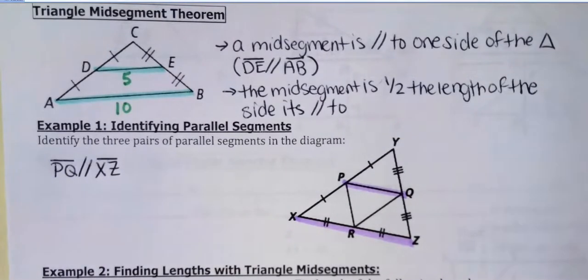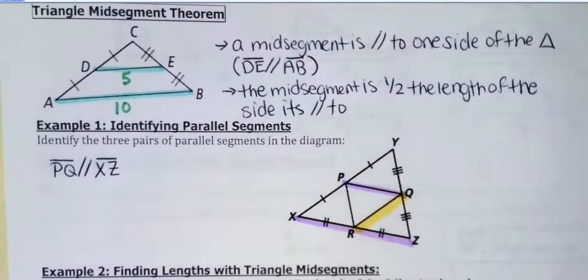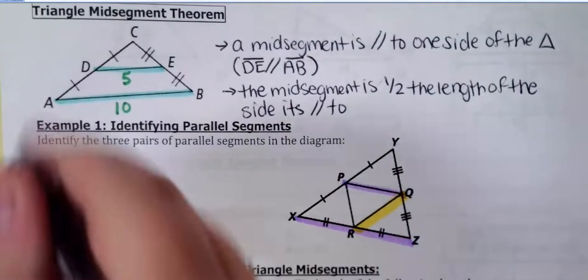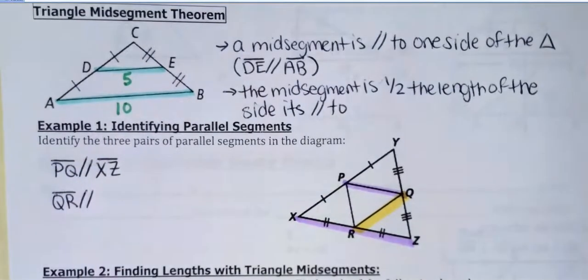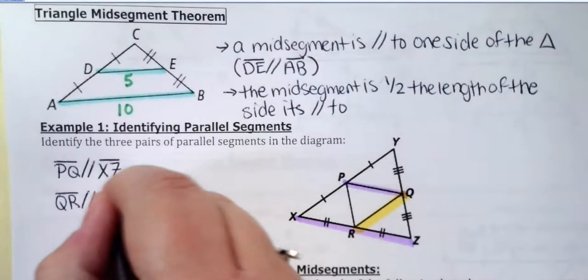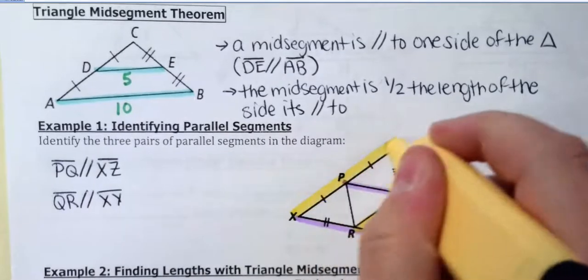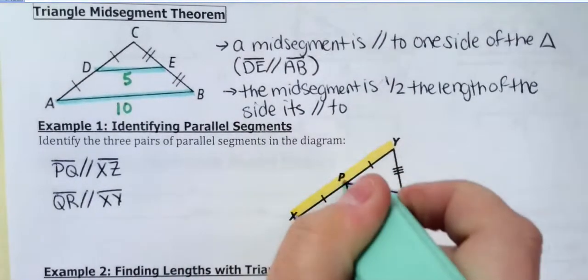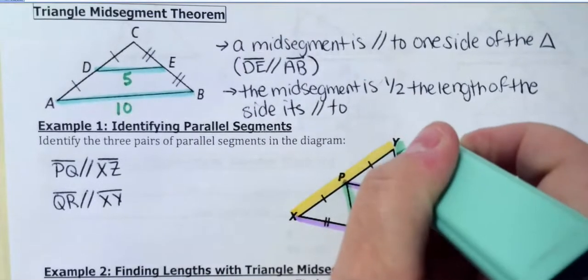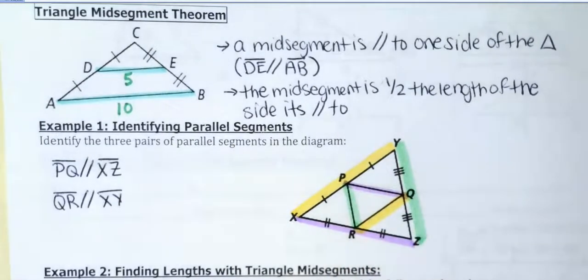Okay, so if I looked at QR, that segment in the triangle, what side of the triangle would that mid-segment be parallel to? XY, perfect. That's all I gotta do. What side is it parallel to? And then I got one more. So I got PR, and that's got to be the only other side in the triangle I don't have highlighted, which is YZ.